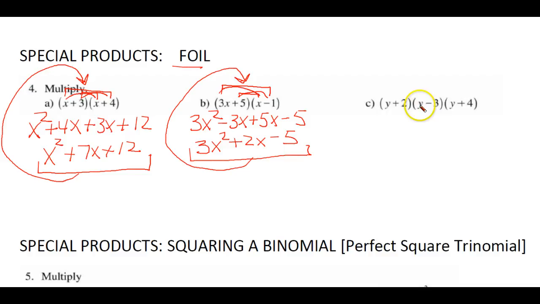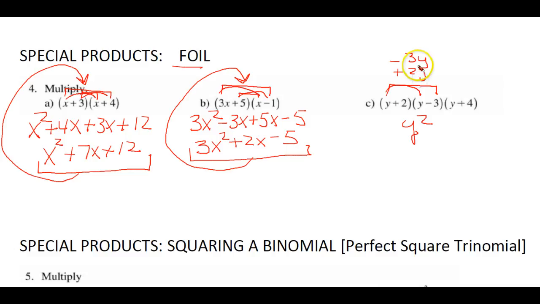Now, for something like this, what do you do? Well, you would FOIL 2 of them, and that's what I'm going to do right now. That gives me a y squared. Now my outers are a negative 3y. I'm going to kind of remember that up here. My inners are a positive 2y.